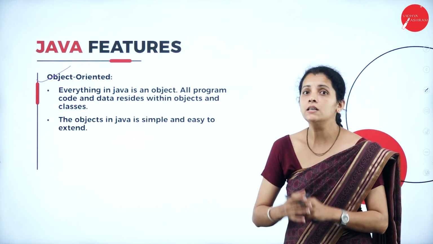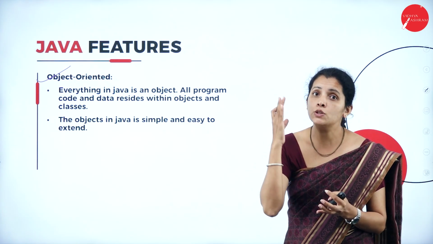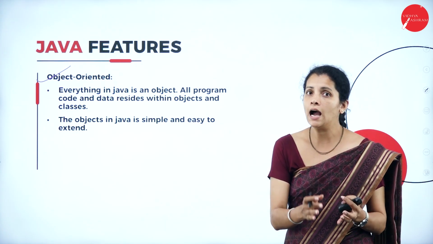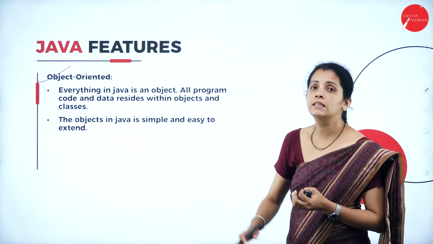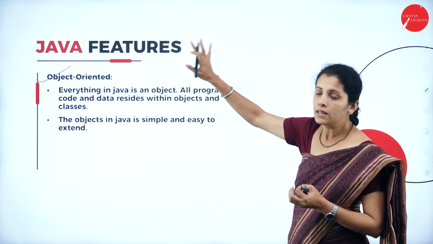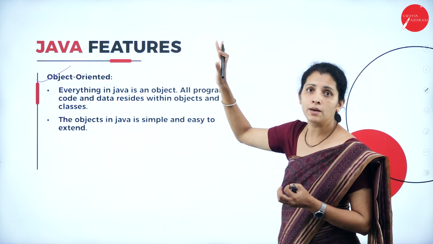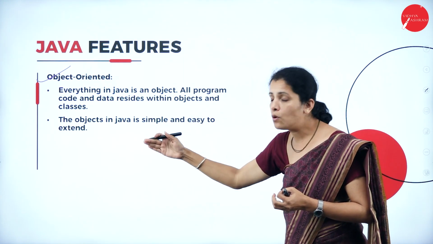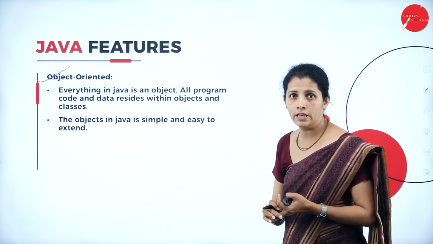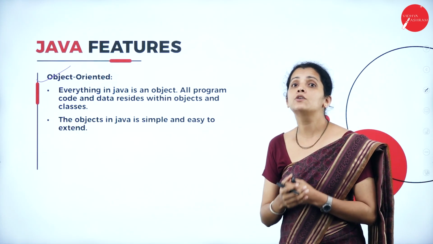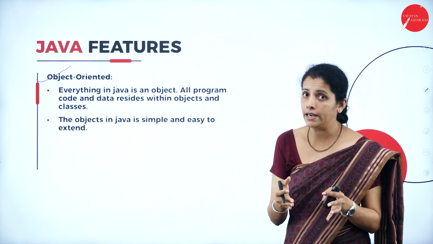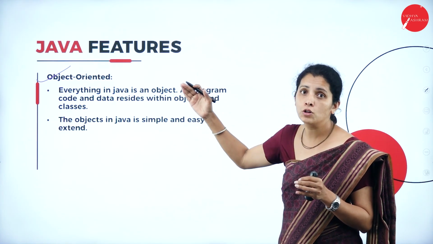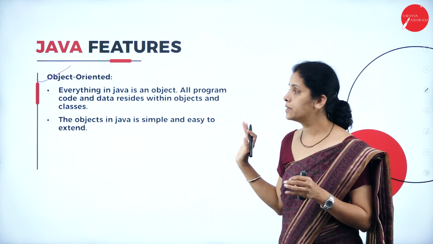A class has its own attributes as well as properties. Let me consider this board. The size of the board is one property. The length of the board is another property. The weight of the board is also another attribute.